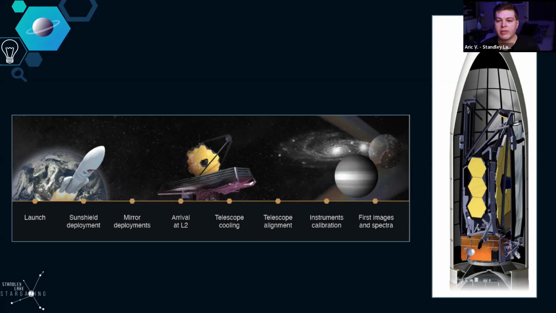Then on the way out there, it's obviously deploying the mirrors and getting some things set up, and then right now we're actually aligning the different mirrors, all those 18 segments. They are individually aimed at the secondary mirror, so it basically is 18 separate telescopes right now, and then they have to basically do some fine-tuning and adjustments and make sure that they all function as one single coherent plane or optical surface.